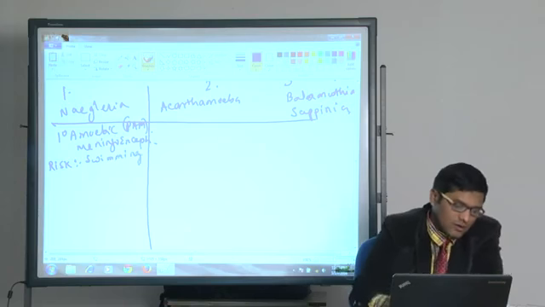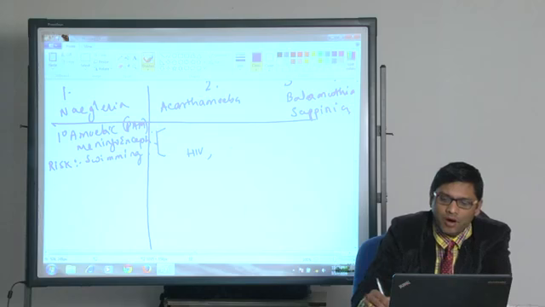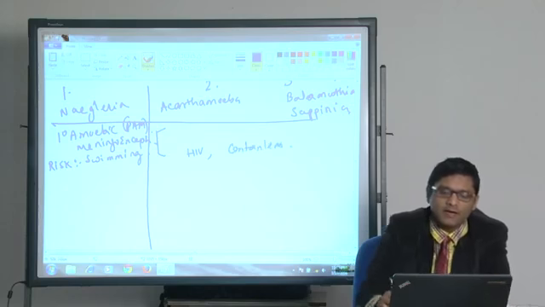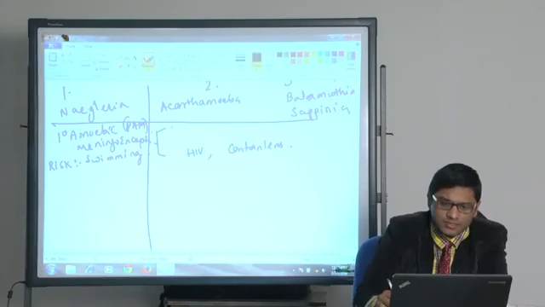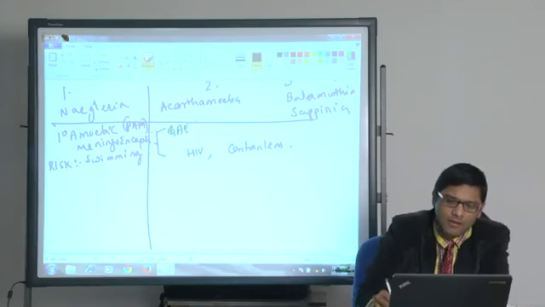For Acanthamoeba, the risk factors are either HIV infected people or contact lens use. For HIV infected people, it causes GAE, granulomatous amoebic encephalitis. For contact lens users, it causes corneal ulcer. So, these are the two important manifestations of Acanthamoeba.